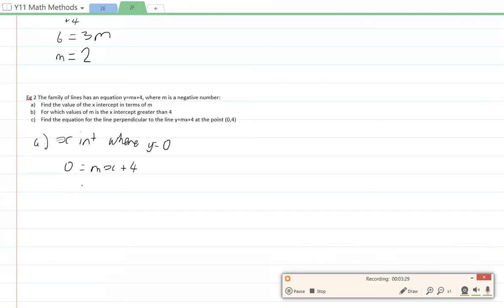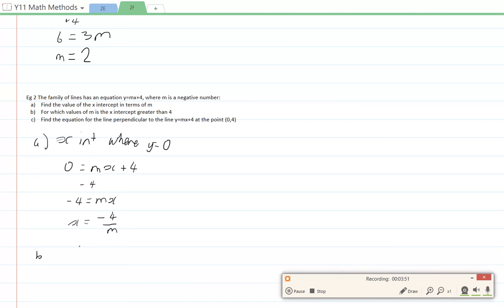So we need to get x by itself. So minus 4, negative 4 is equal to mx. Therefore x is equal to negative 4 over m. So that's finding the x-intercept in terms of m. You don't need to know what m is, because you're just finding it in terms of m.